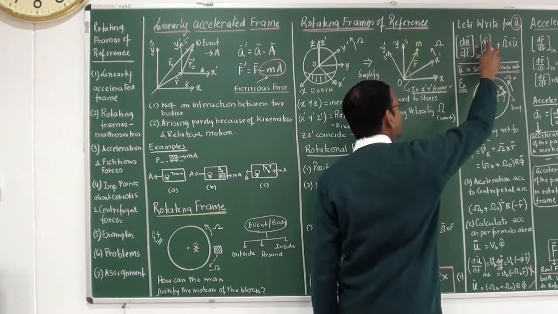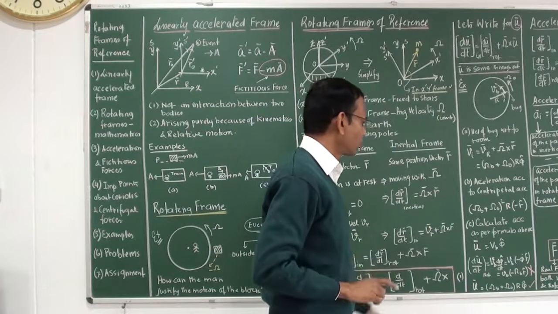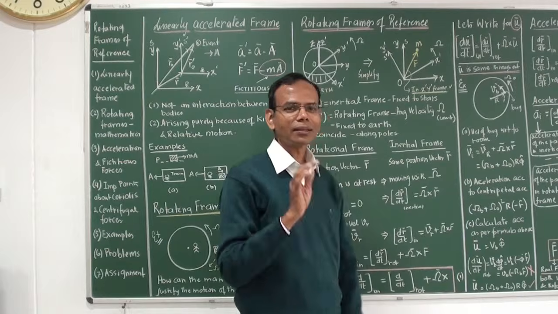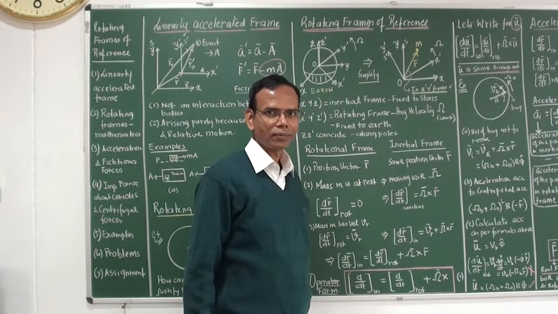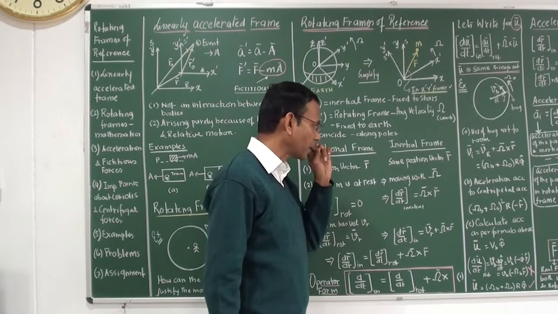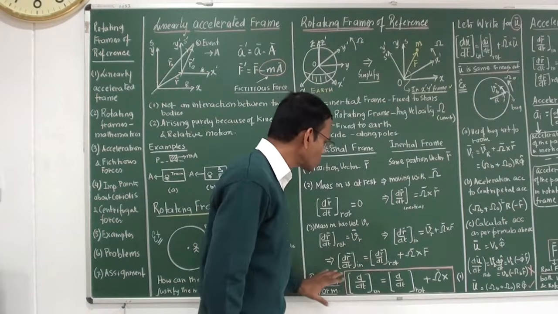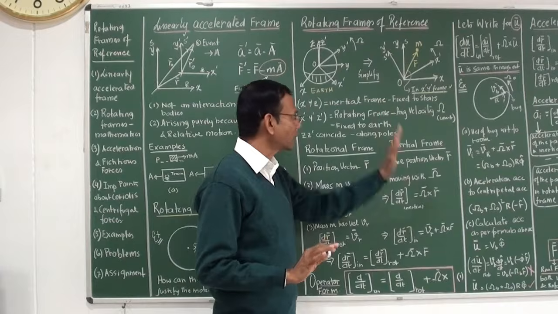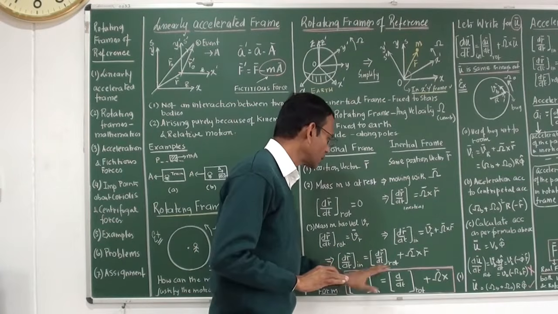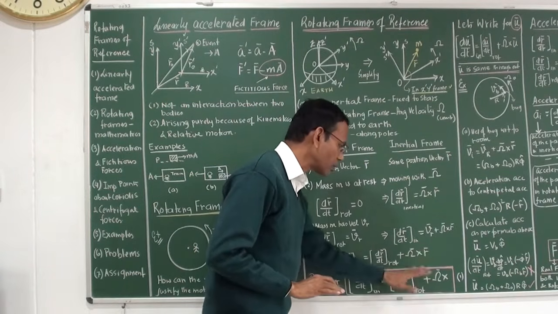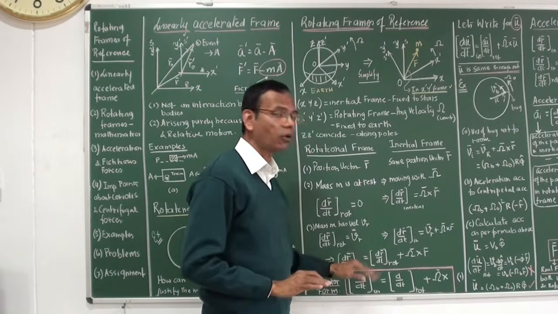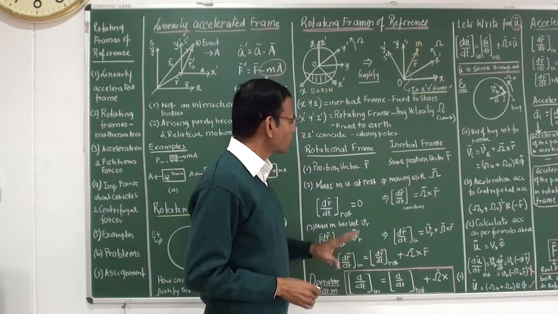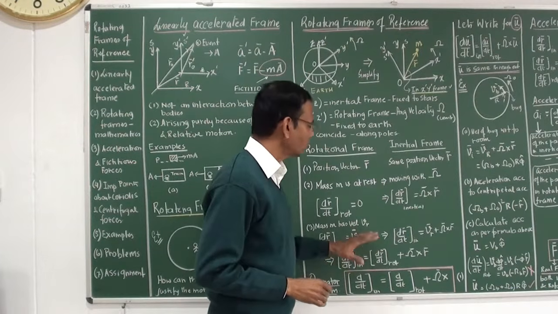So this particular u is u inertial, but I started with u rotational, and there the mistake is. So this is a very important problem which shows how to use this formula carefully. Though it takes a little bit of time, understanding of this important operator form is quite important.